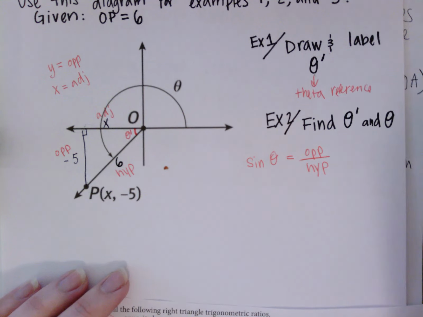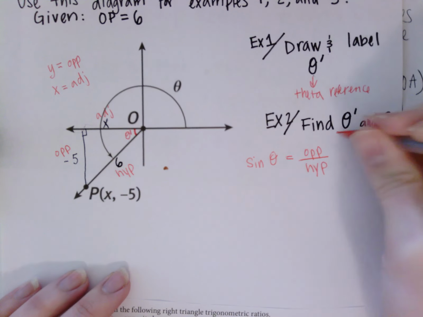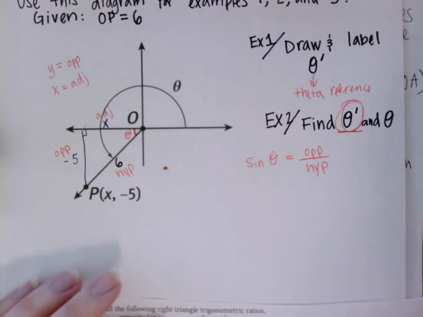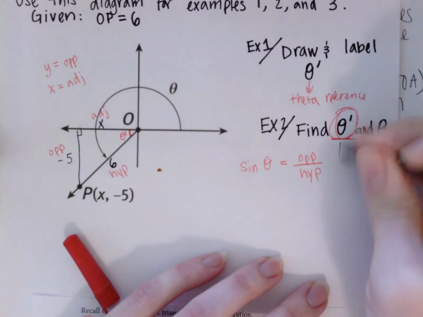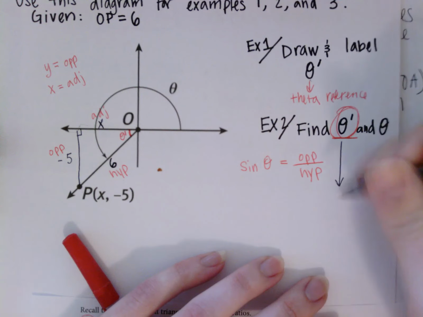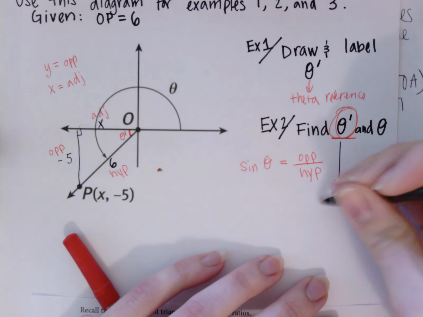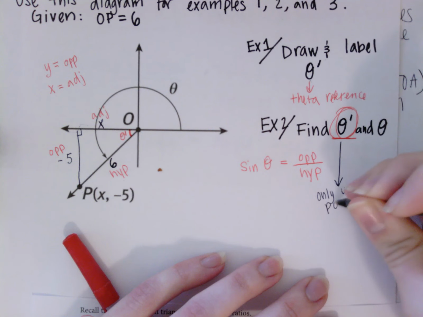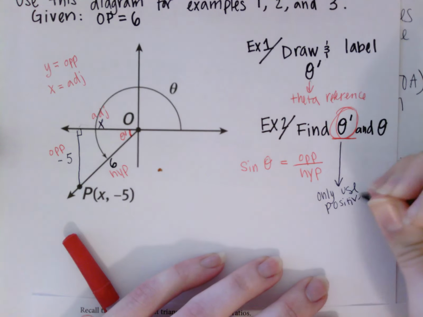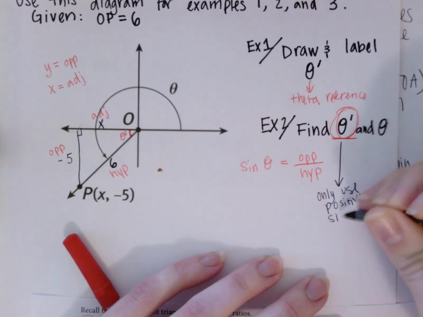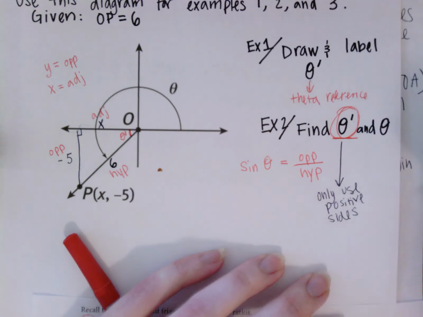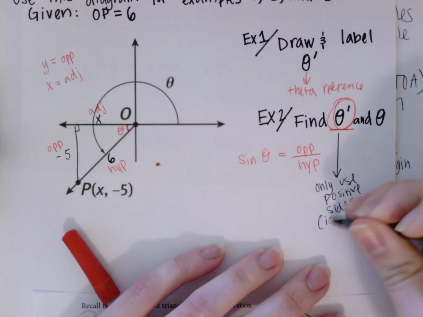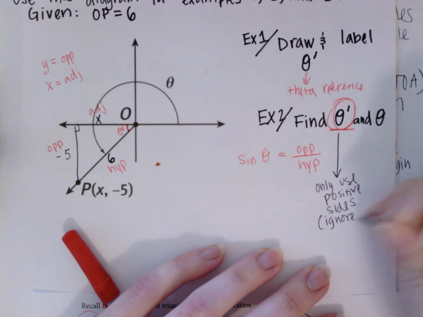Okay, I'm going to start with finding theta reference. This is important. When you find theta reference, you are going to only use positive side lengths. We are just going to ignore negatives.